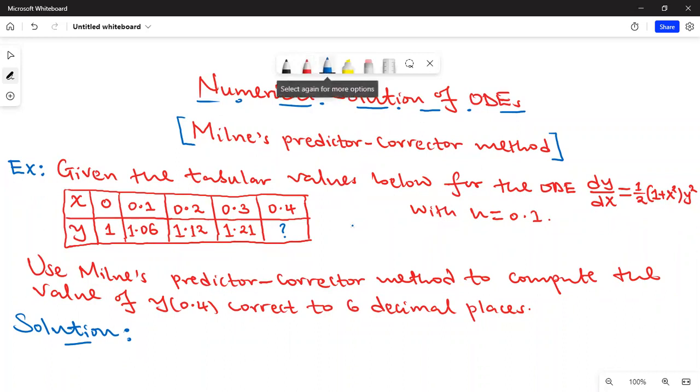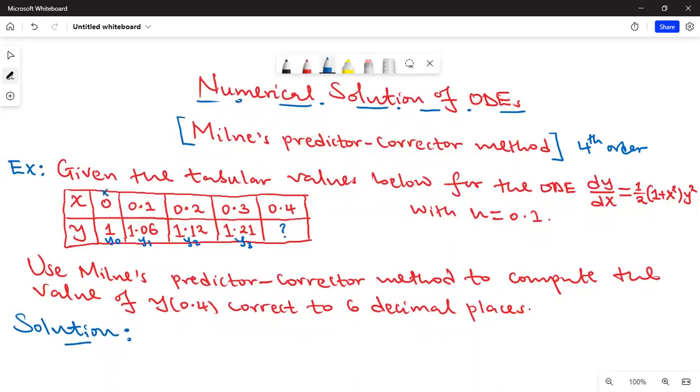Now, what is important about this Milne's predictor-corrector method? Of course, it is of fourth order. This is fourth order. It is that you must know the first four values of y. So you must know the value of y0, which is this one, y1, y2, then y3. Those must be given. If they're not given, then you will be asked to first of all find them using maybe Runge-Kutta method or Euler's method or modified Euler's method or Taylor series method, so that you obtain the first four functional values.